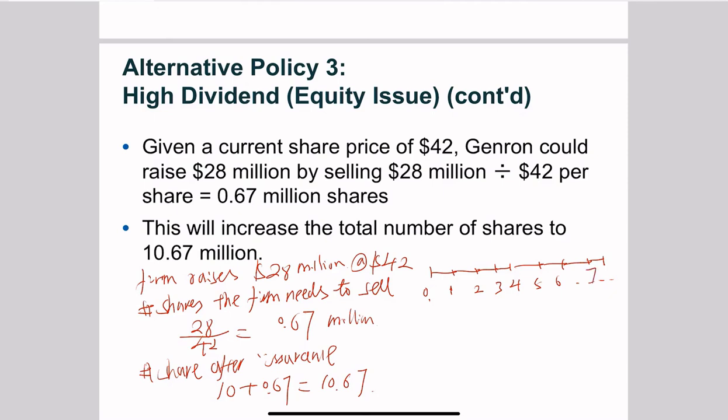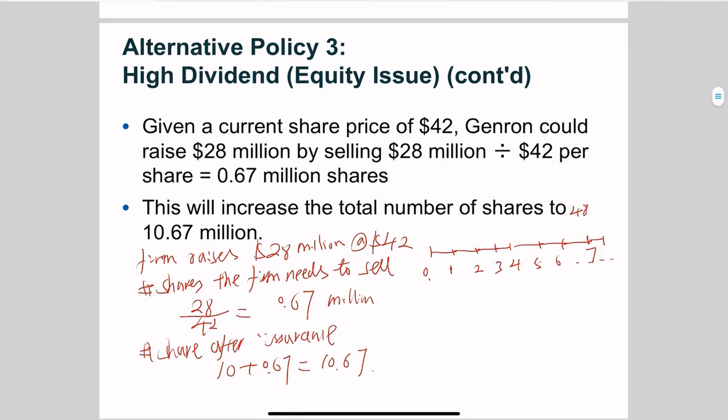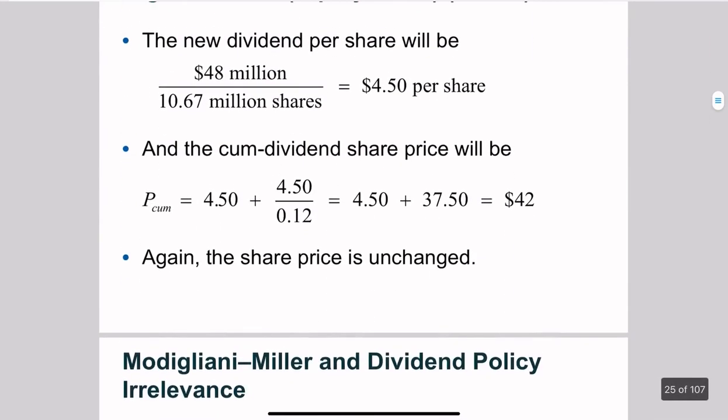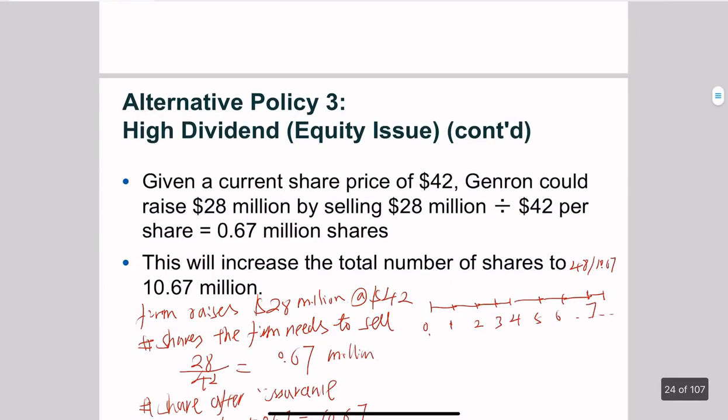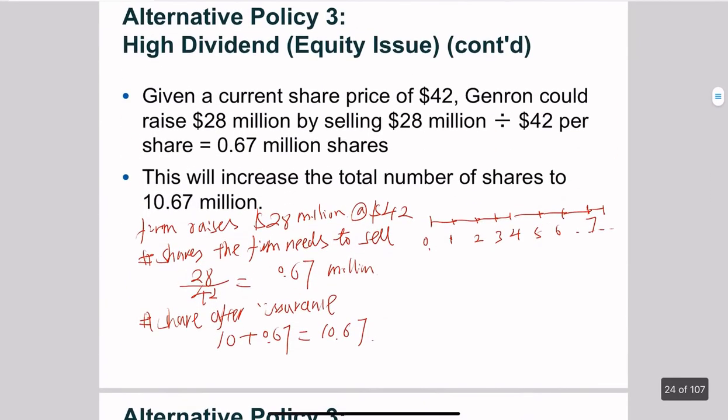So, for example, in the 7th year, the dividend would be given by 48 divided by 10.67. So let me see, what is this? We will have $4.50. And then we will always have this 4.5 in all those future years.